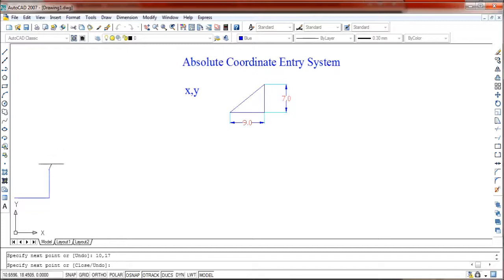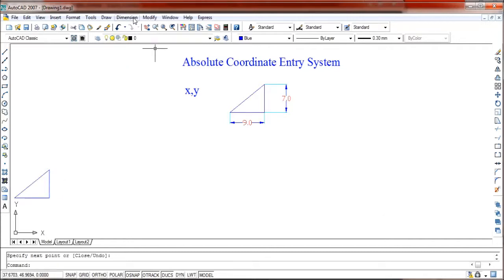Then finally the final point will be our starting point. I can finish by typing C for close to the starting point, or my starting point was initially 1, 10, then press enter. Now I am done with my triangle, but the line command still appears. To terminate the command, I will again press the enter key, then I will get this triangle.